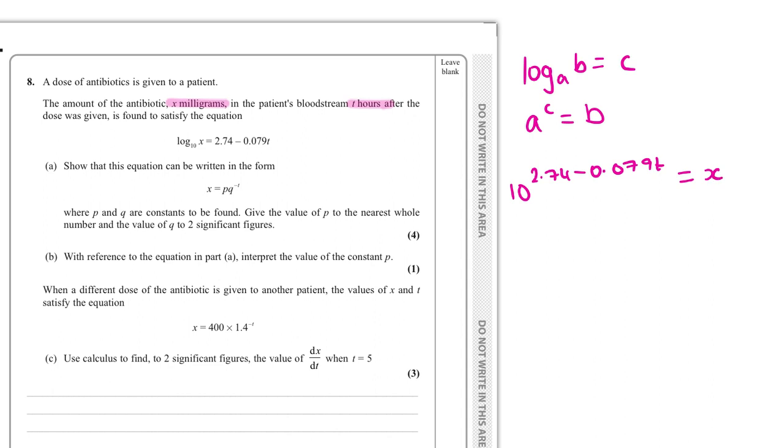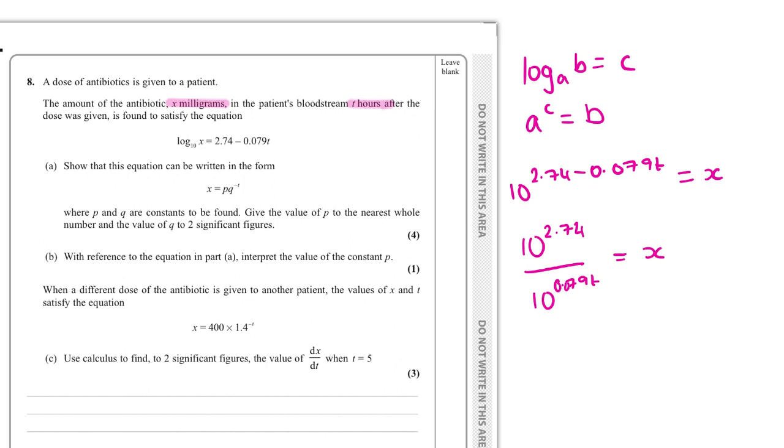Now, what do we know of the laws of indices with negatives? We know that this is 10 to the power of 2.74 over 10 to the power of 0.079t, be careful here, of x. So that is the same as multiplied by the negative of that.